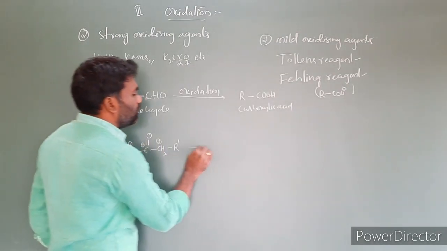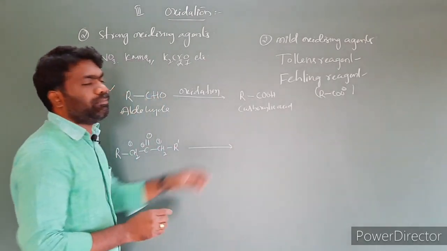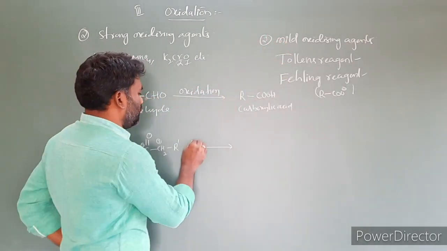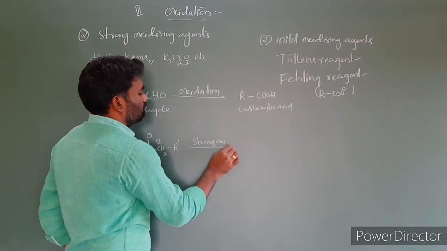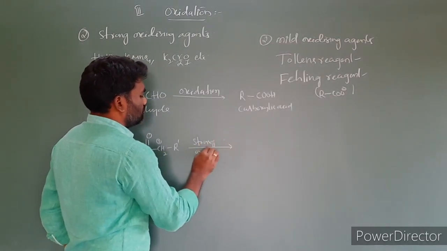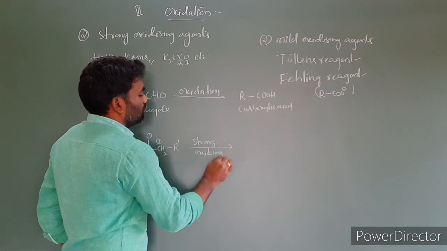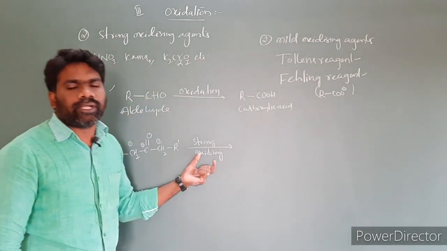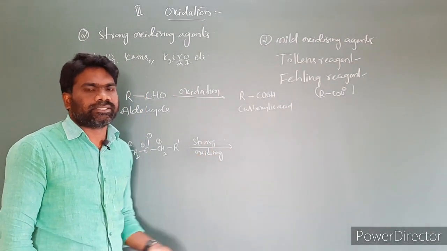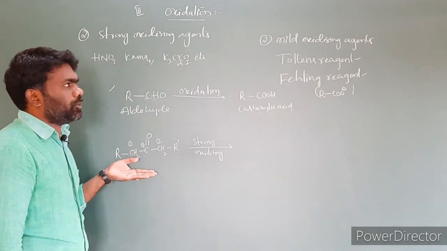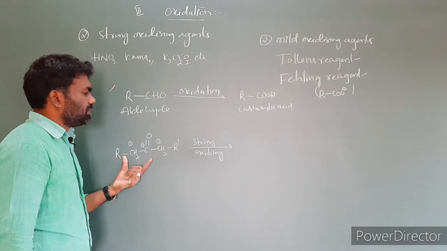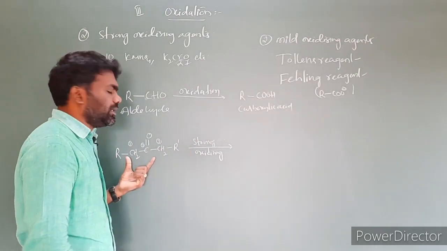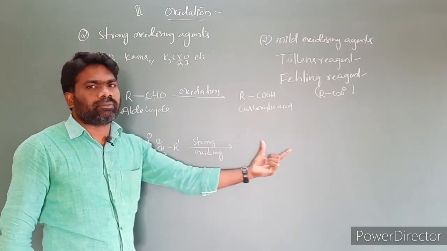If you take strong oxidizing agents, not mild oxidizing agents, the strong oxidizing agent at elevated, high temperatures, then only the reaction will proceed. But mild oxidizing agents do not convert the ketones into carboxylic acids.